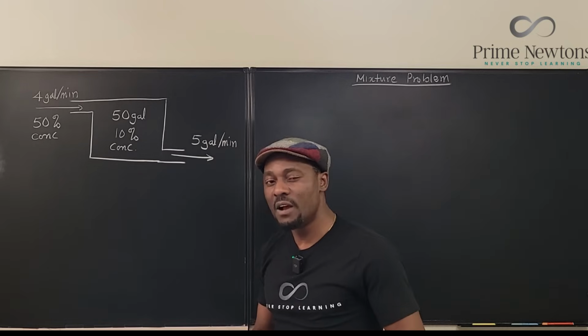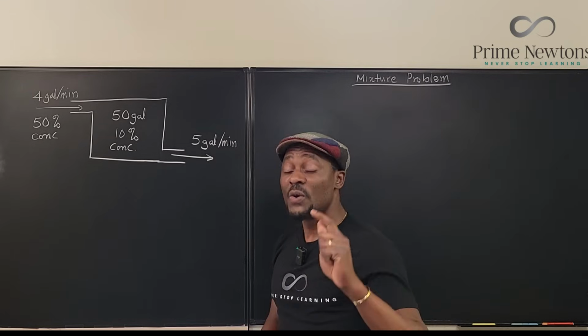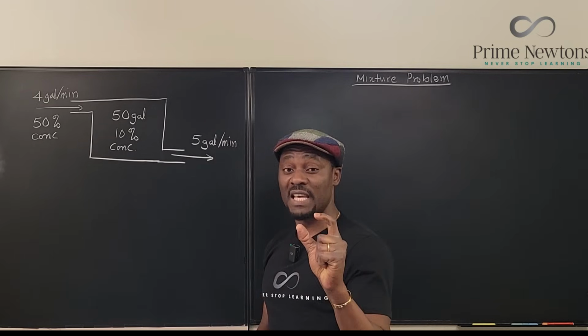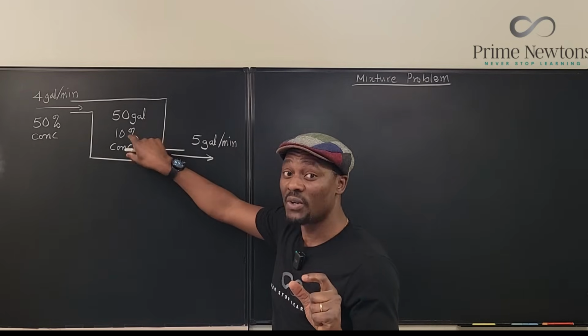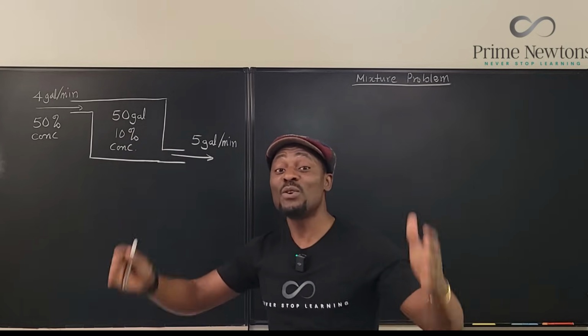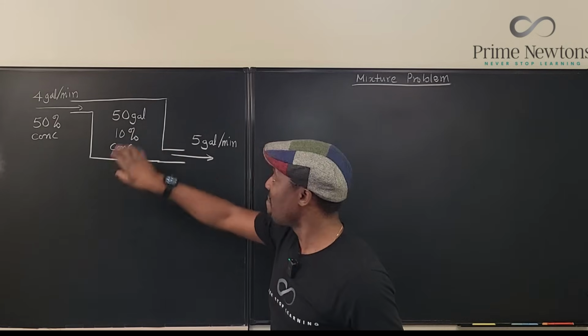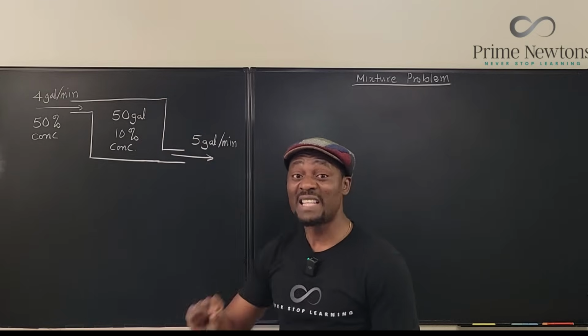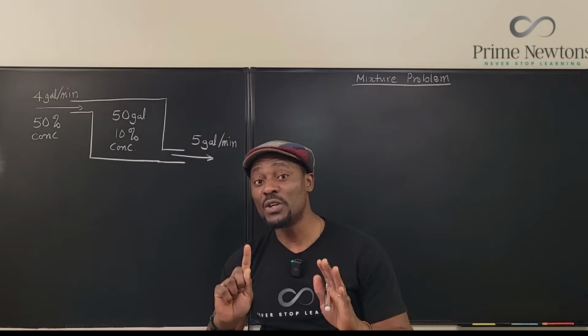So what do you need to know? You need to know that what you're solving for is the amount of alcohol in the tank. Whatever question you're given, it is the amount in the tank at a given time that you're looking for.